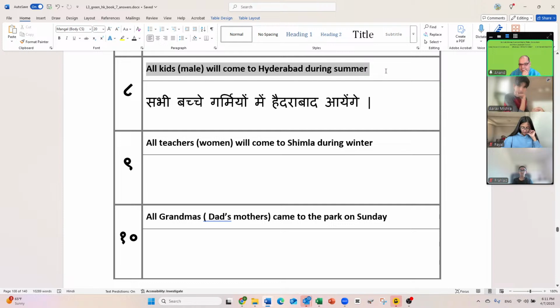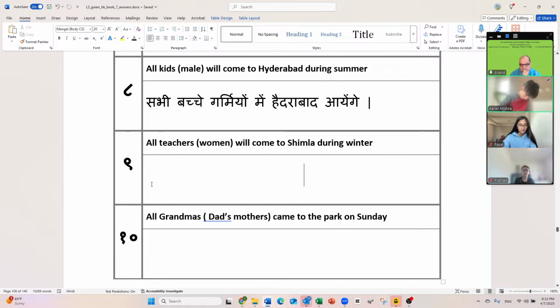Look at the earlier sentence exactly like that, and then think about it. सभी शिक्षिकाएं. The earlier sentence is during summer. This is during winter, right? That's the only difference. Now tell me.